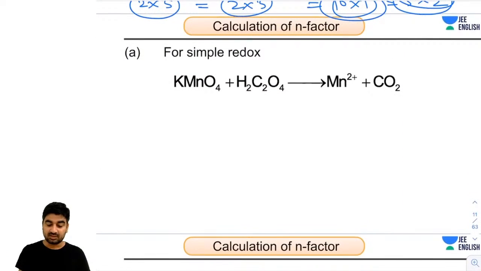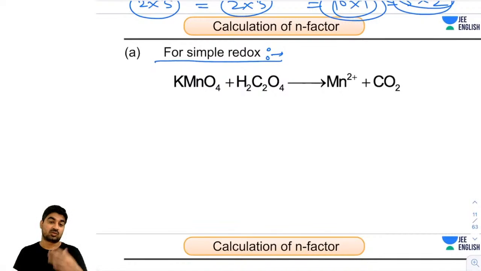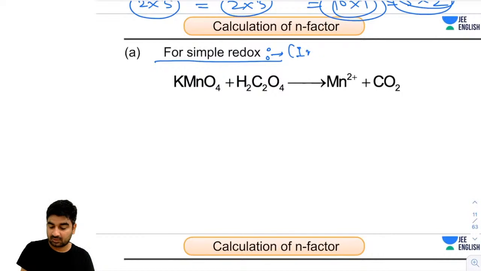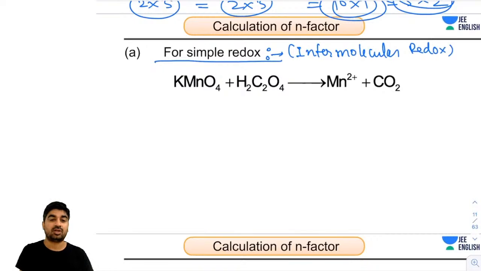Yes. Now for simple redox. So what is simple redox? We also call it intermolecular. Why do we call it intermolecular? I explained to you in the last class, because the exchange of electrons occurs between two molecules.